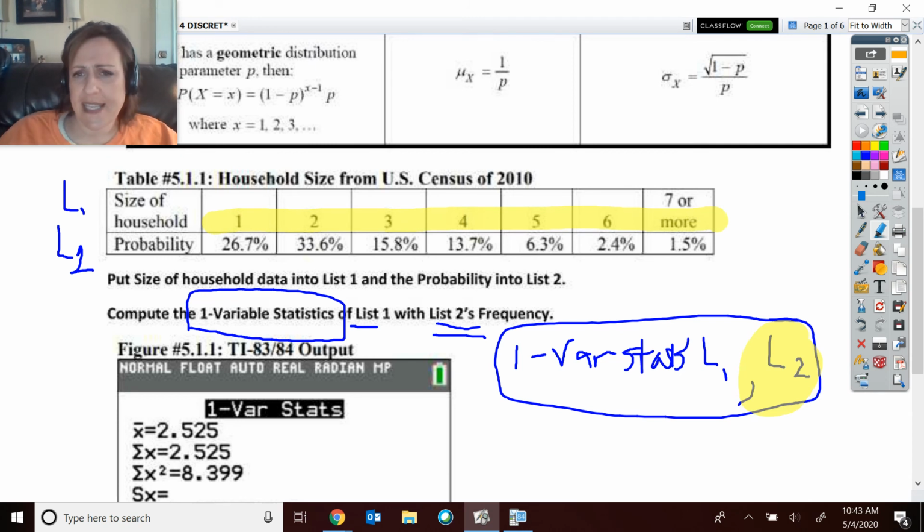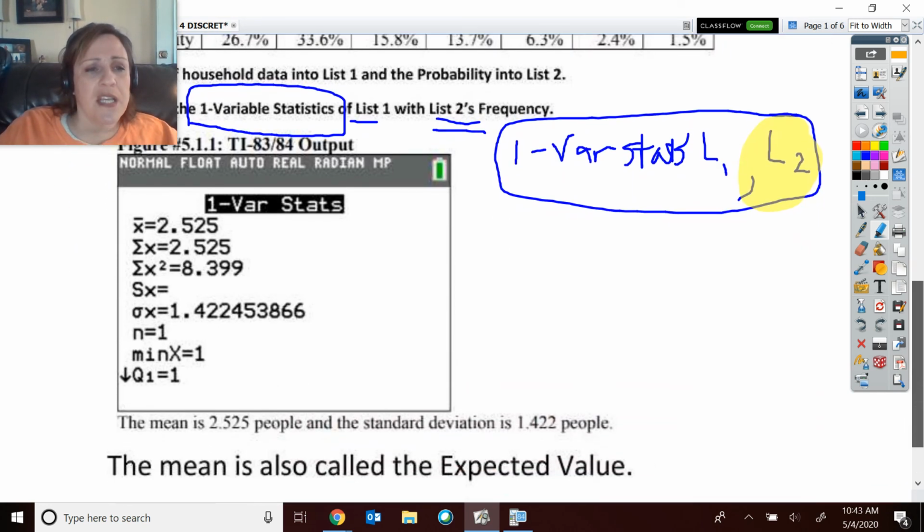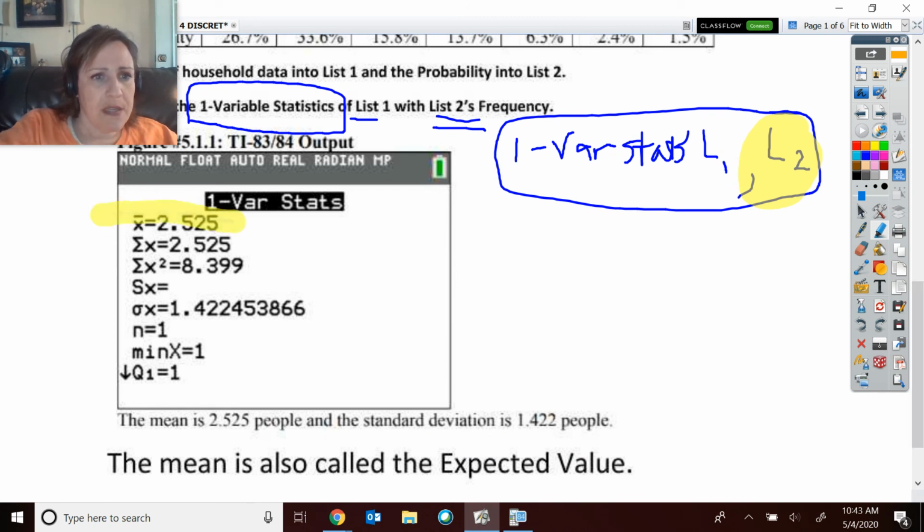I guess when they computed this, they just put the 7 into that 7 or more. That's weird. But anyway, of course, we expect there to be about 2.5. And then here is the standard deviation.